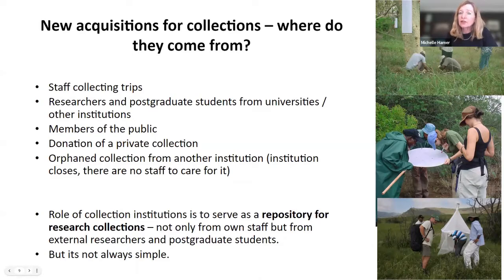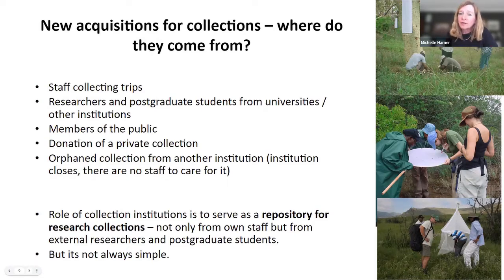And the role of collection institutions is to serve as a repository for research collections. So especially those that are funded by the state, by government. This is one of the main reasons for their existence, is to keep growing their collection and allow researchers to voucher permanently, to put specimens there permanently as a permanent voucher for a study or project.